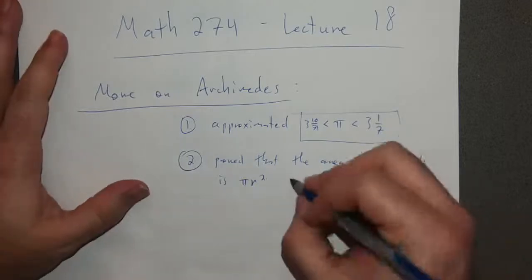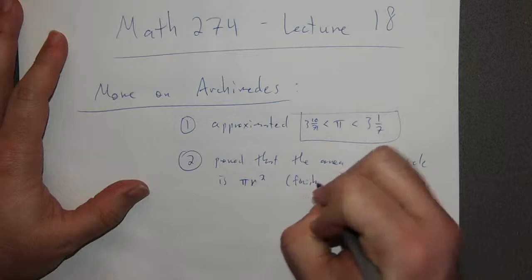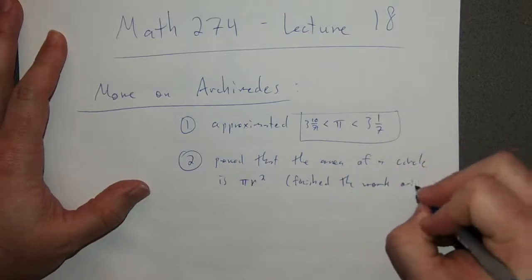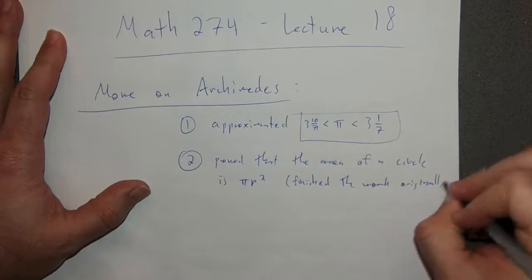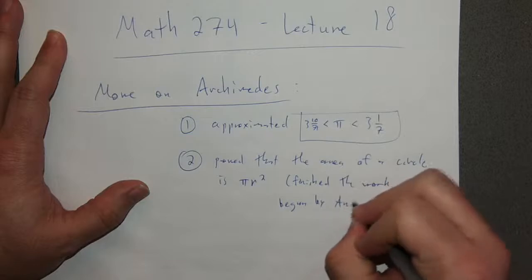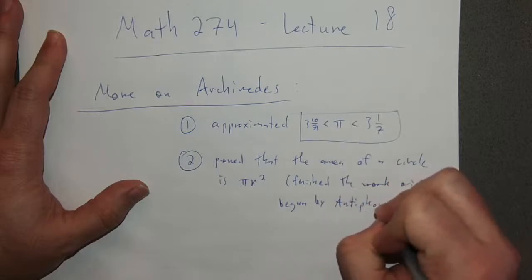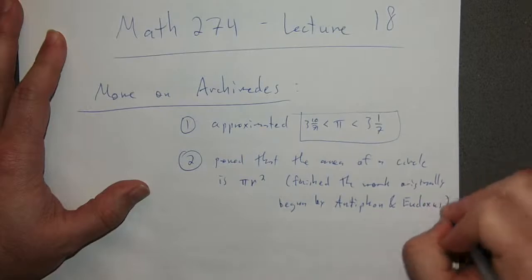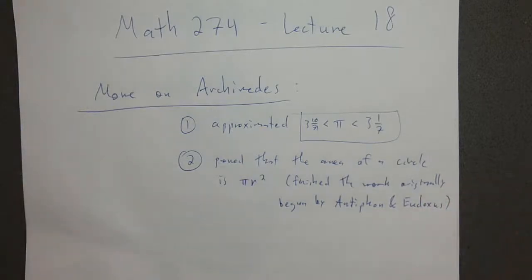So this finished the work originally begun by Antiphon and Eudoxus. Remember, the best that was done before Archimedes was proving that the area was proportional to the square of the diameter of the circle.